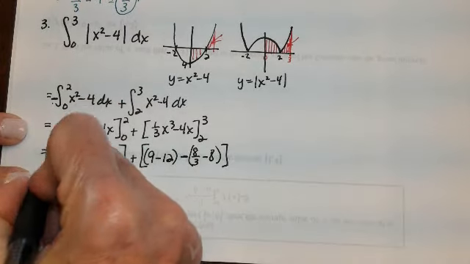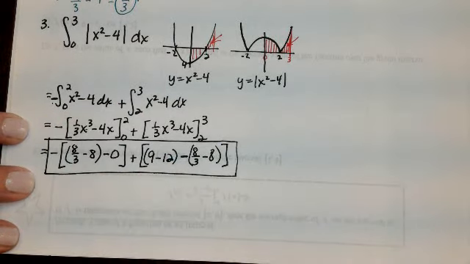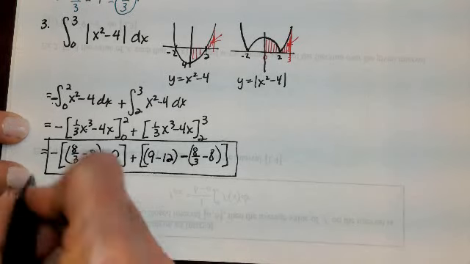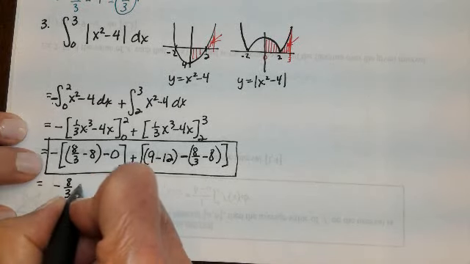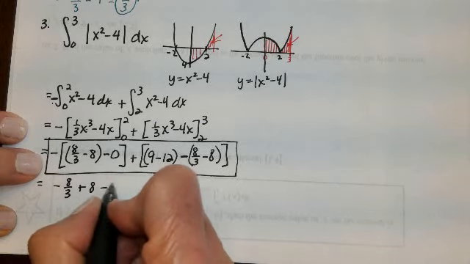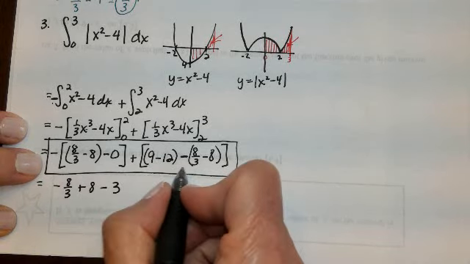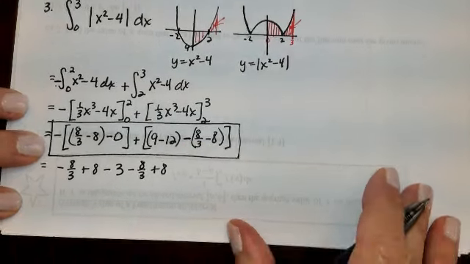This would be the safe stop spot, but again, these will be multiple choice questions, so you are going to need to simplify this. So let's see what we get. We have a negative 8/3 plus 8, and then we have 9 minus 12, that's a negative 3, and then minus 8/3 plus 8. Right?